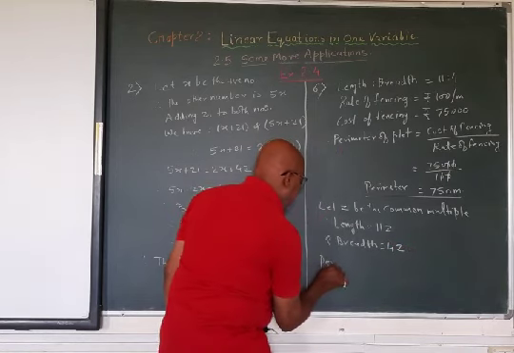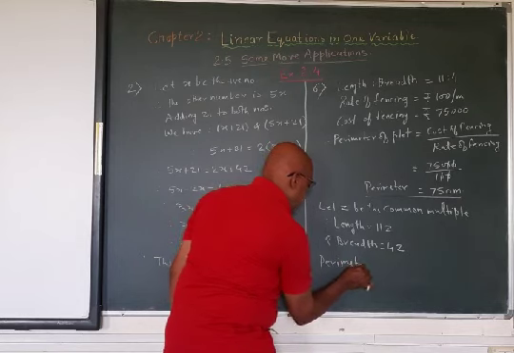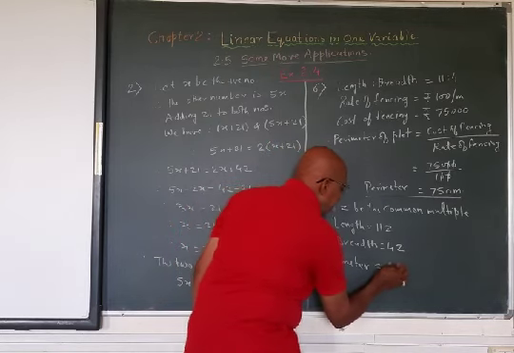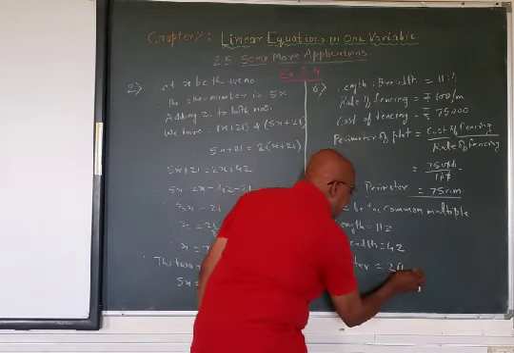Now, perimeter equal to twice of length plus breadth, equal to 2 into... So here perimeter is given, how much is it? 750 will be equal to twice, length is 11z plus 4z.